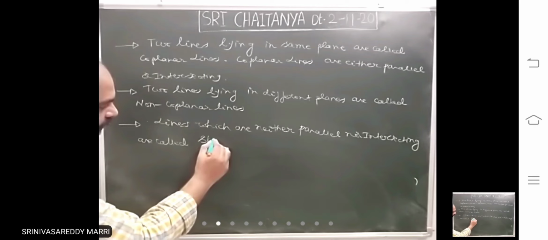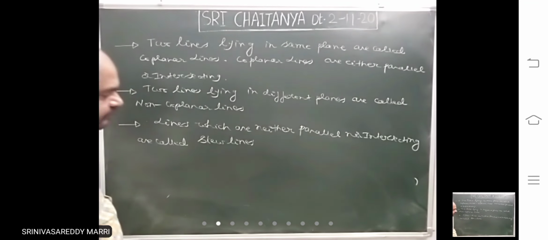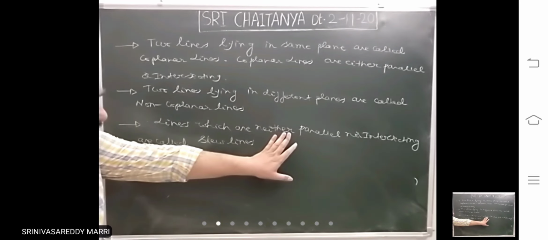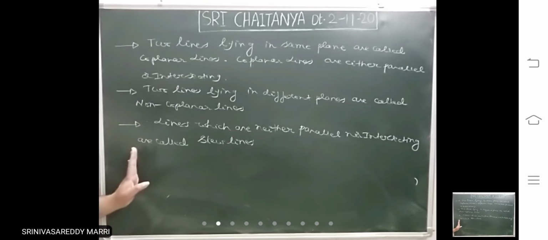Very important. Skew lines. That means these lines, how they are is, they are neither parallel nor intersecting.